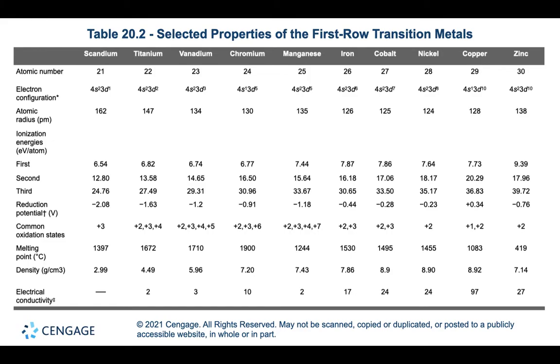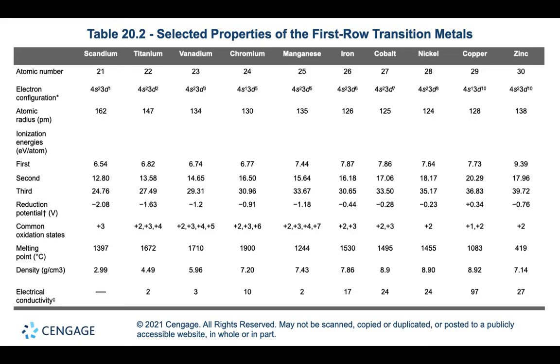You can look at some ionization energies, which can help you with the relative ease of taking one electron or two or three from each atom. That can help you understand why you get certain common oxidation states. The reduction potential, we'll save discussion of reduction potential for our chapter on electrochemistry, but it has to do with the tendency of this metal atom to lose electrons or not compared to other atoms.